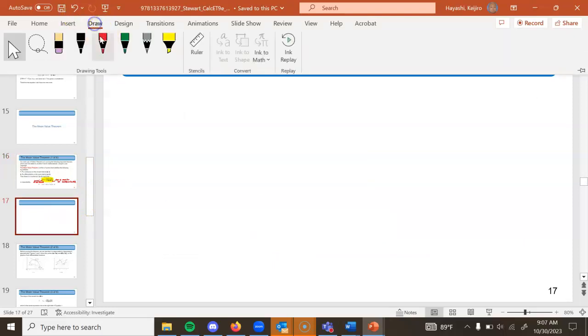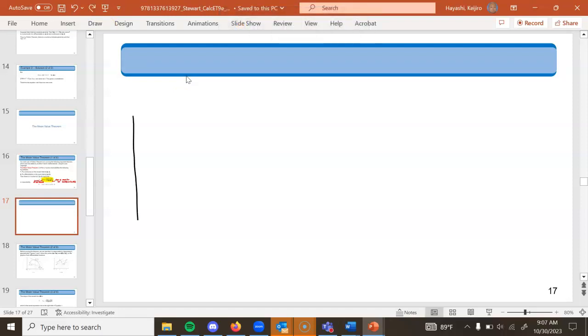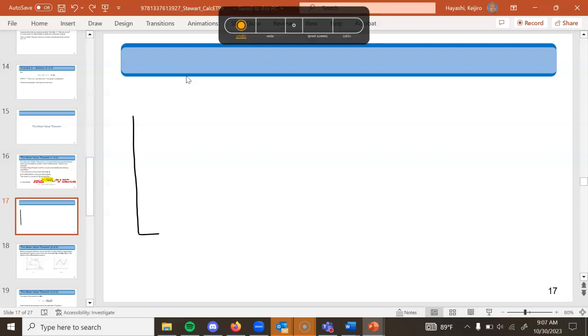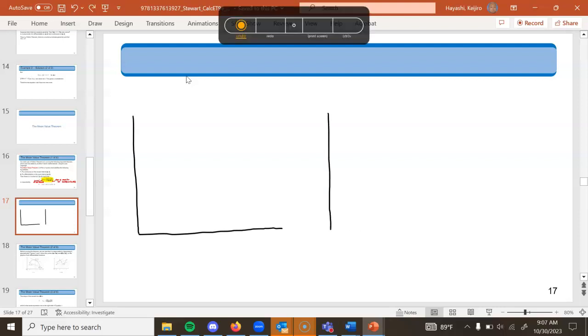Now, just like we did with Rolle's theorem, we can draw any sort of function, and as long as it's continuous and differentiable from A to B, it's going to guarantee this theorem.